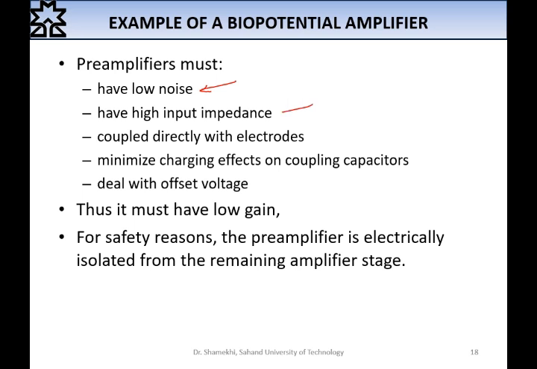Have high input impedance to overcome the high source impedance, and coupled directly with electrodes, minimize charging effects on coupling capacitors, and also deal with offset voltage. Thus, it must have low gain, and for safety reasons, the preamplifier is electrically isolated from the remaining amplifier stage.